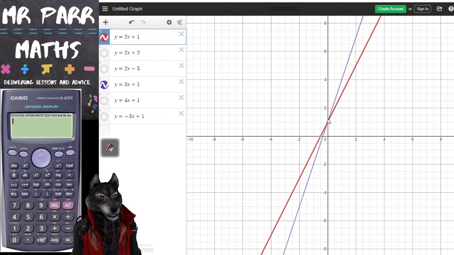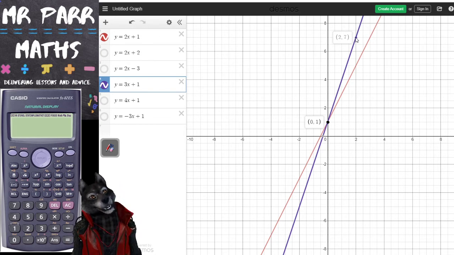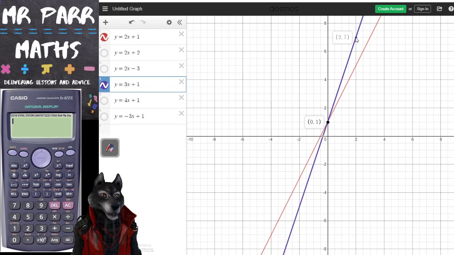And we can see that if we wanted to by calculating the gradient. If I picked a point here and a point, oh, I can't get a nice whole number up, here we are, 2, 7, I could use those coordinates and work out the gradient. And I guarantee you, if I worked that out, I would get an answer of 3. And that's why it does what it does. Why this number here is 3 is because that is the calculated gradient that we did in the last video.